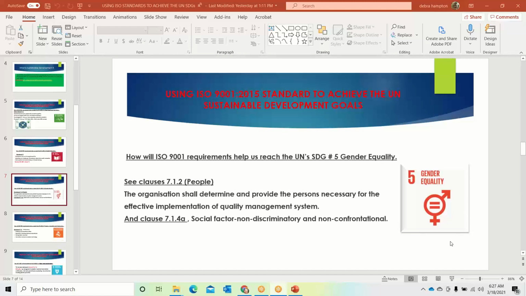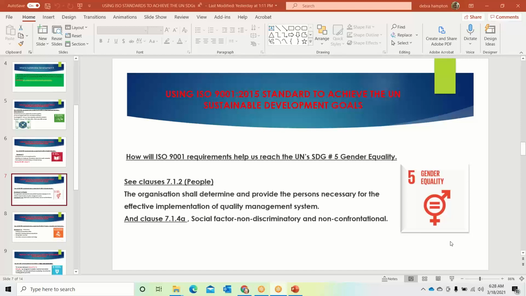All right. The next item. How can we use ISO 19001 requirement to fulfill the United Nations Sustainable Development Goal number 5, which is gender equality? Okay. So we can actually see gender equality in clause 7.1.2 in the standard.